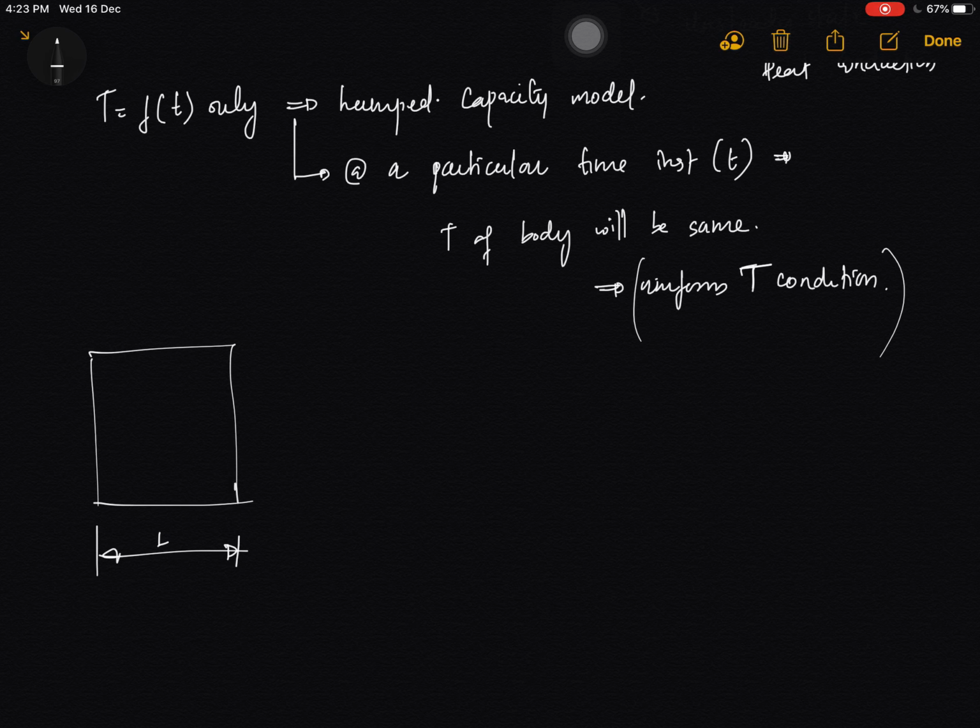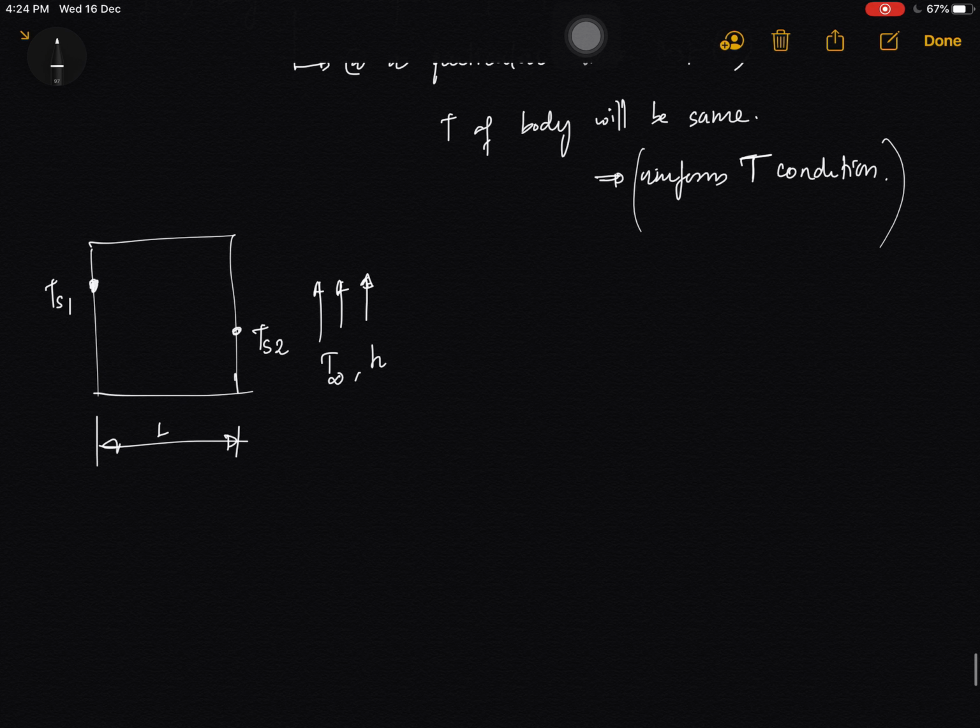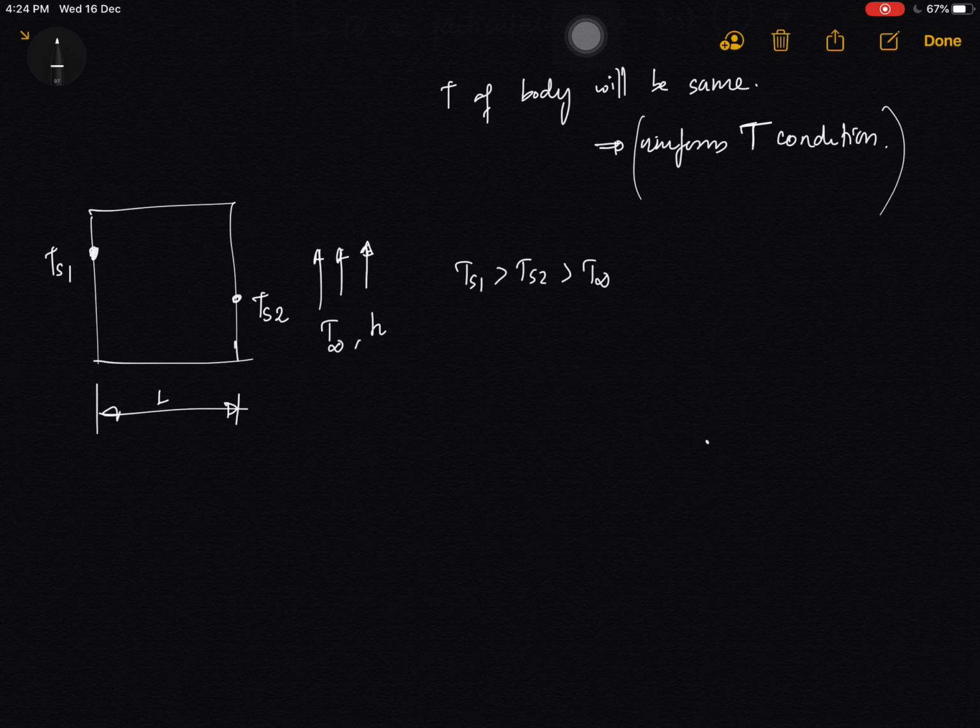Consider a plane wall with thickness L. At one surface we have temperature Ts1, and at the other surface we have temperature Ts2. Some fluid is flowing over one side of the plane wall, with temperature T infinity, and the convective heat transfer coefficient is represented as h. Suppose Ts1 is greater than Ts2, which is greater than T infinity.